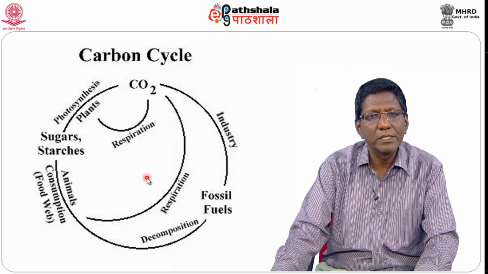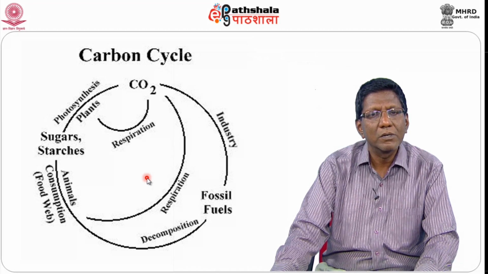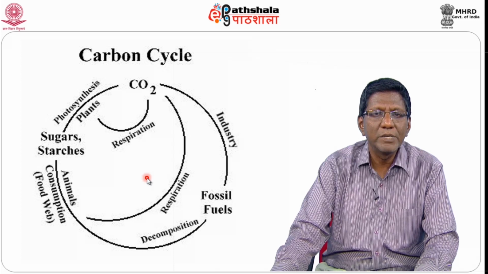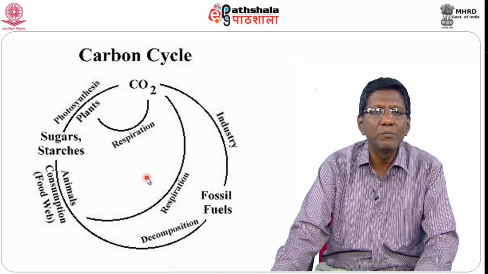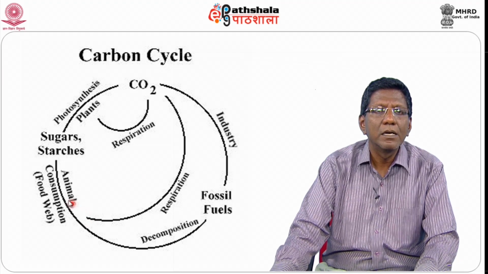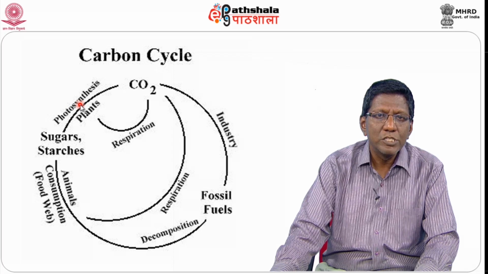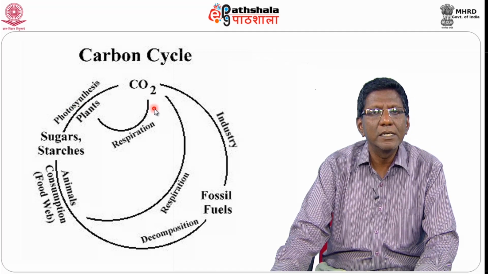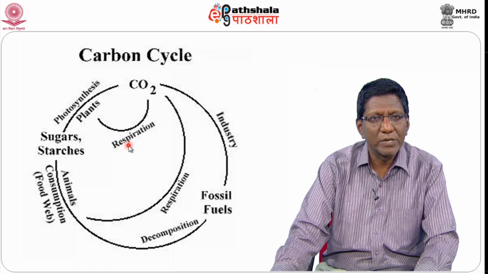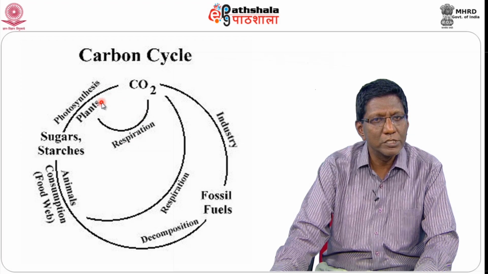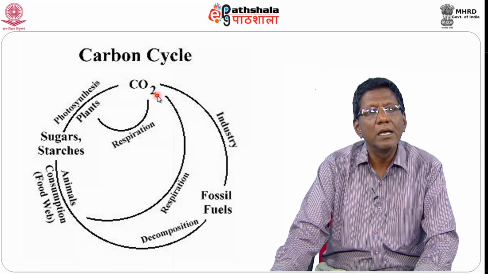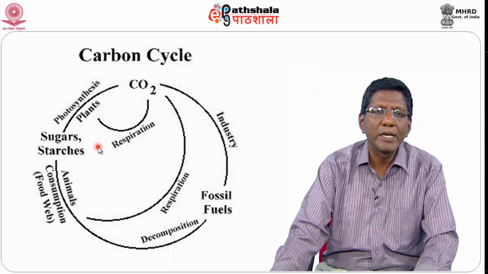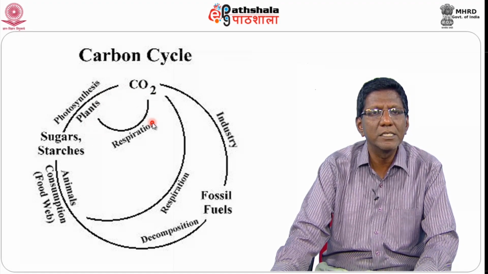By decomposition, when the plants decompose or the animals die, they go into the geosphere and become fossilized. And with the plants, as part of respiration, carbon dioxide gets released, and during photosynthesis carbon dioxide is absorbed and oxygen gets released.